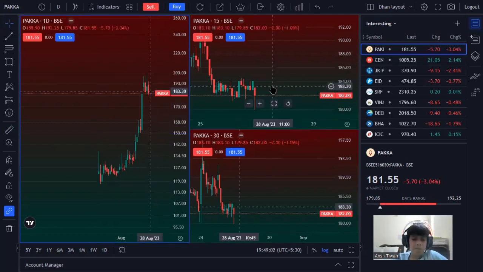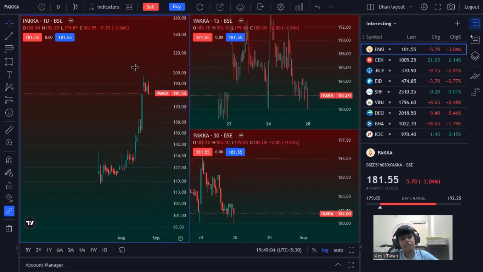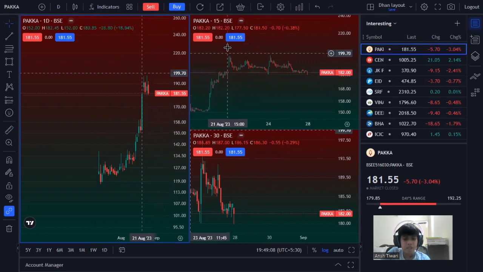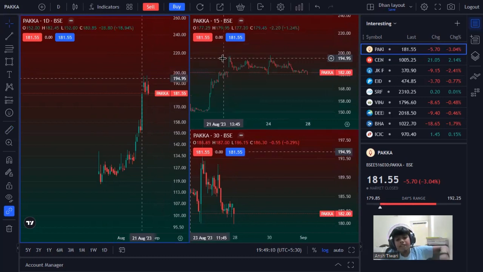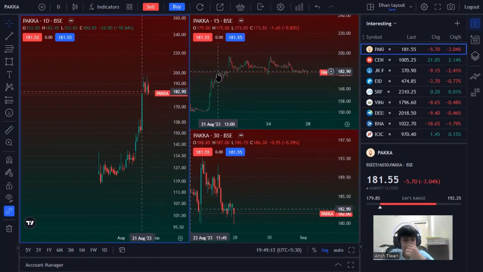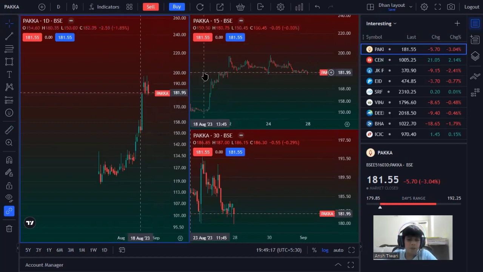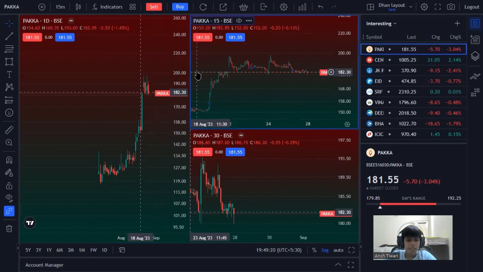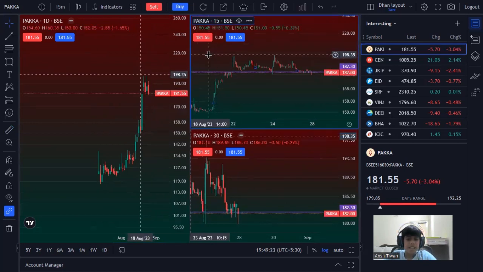Now that is a boost to the markets, but recently the markets have not been doing that well. And you can see here an exact support below which the market does not want to go. Let me mark a line here. But then it can't go above 198.